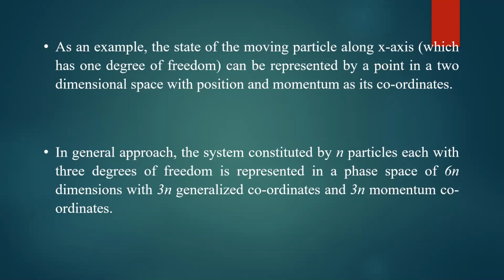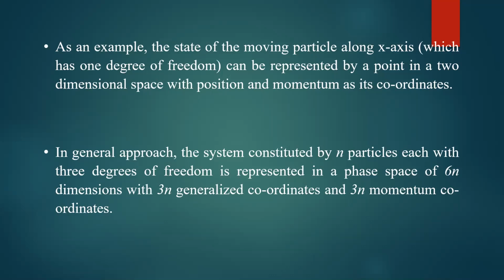Okay, in the general approach, the system is constituted by n particles, each with 3 degrees of freedom. Another case you will take. There is a system constituted by n particles, each particle having 3 degrees of freedom.